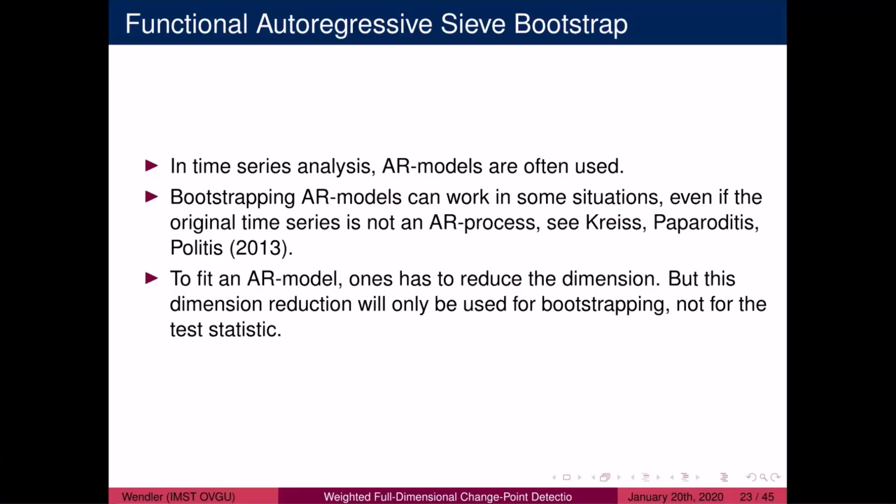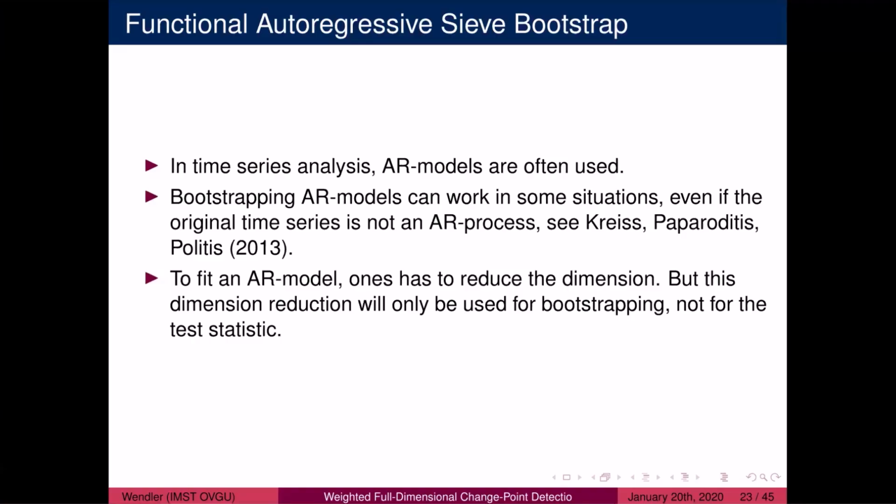So my idea is to assume there's an autoregressive model behind, and we can estimate the parameters of this model. Then we can use this to generate pseudo observations and calculate our test statistics using these pseudo observations. That's an autoregressive sieve bootstrap.